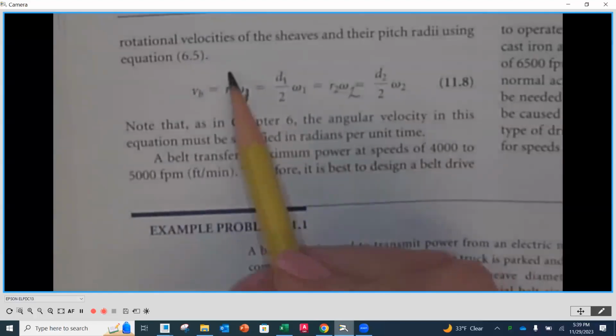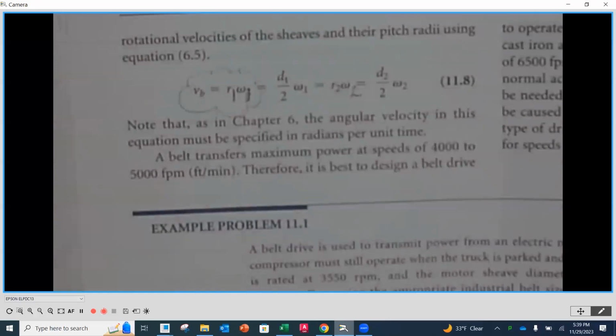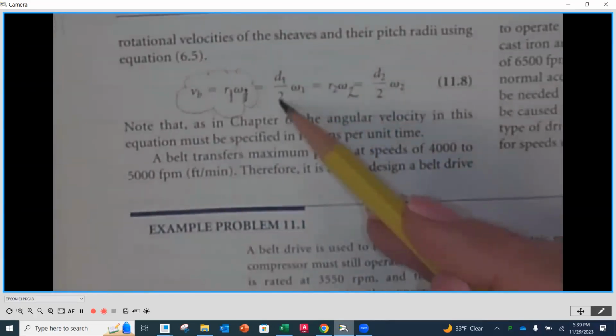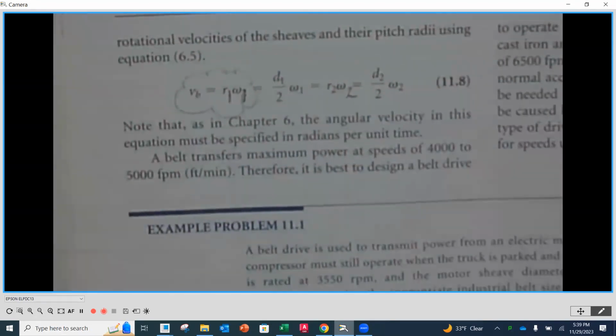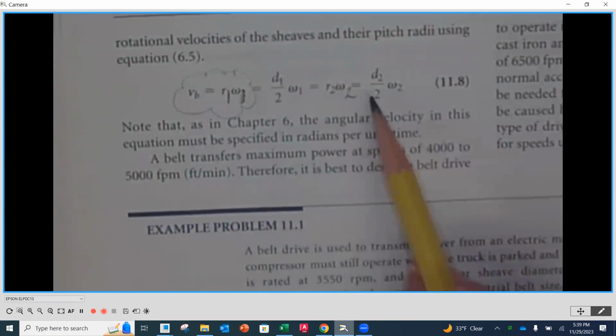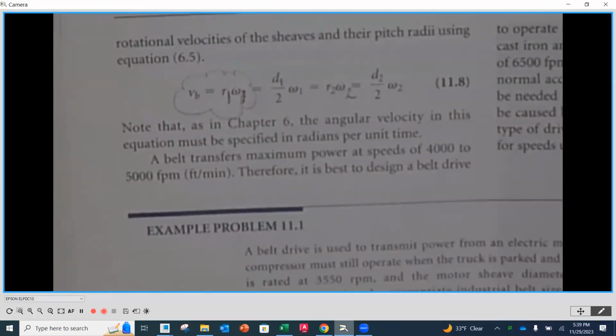So this equation is very familiar to us. Now they just expanded it out because most often we're working with pitch diameters. It would be the pitch diameter divided by 2 times the angular velocity of the pulley that we're on. If you're working on the driver side, it's going to be the number 1s. If you're working on the driven side, it's going to be the number 2s. So that looks very familiar to us.